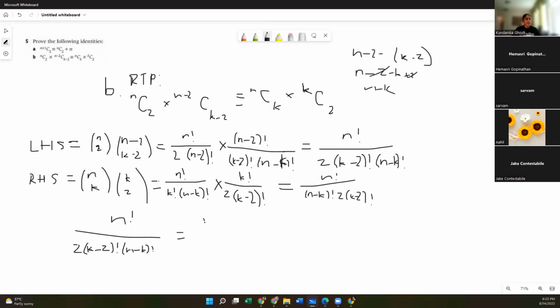So we're not going to write identical. And then n factorial again. And then we're going to rearrange the denominator to look exactly like this. So we have the 2 over here, we have the k minus 2 factorial, and then we have the n minus k factorial.